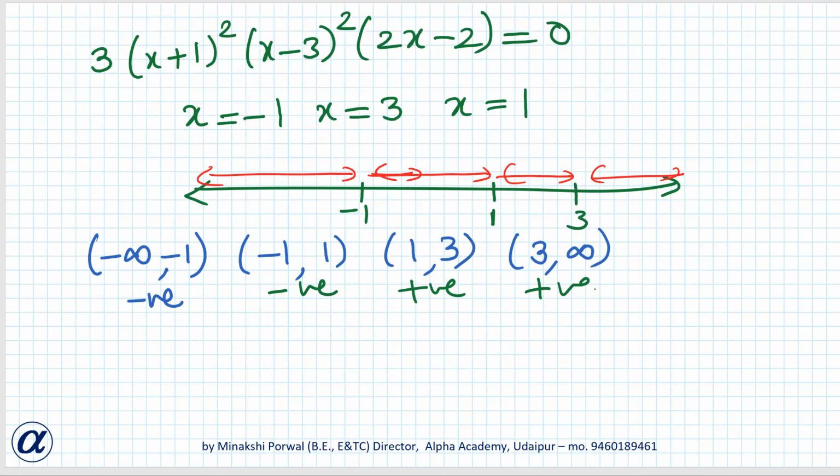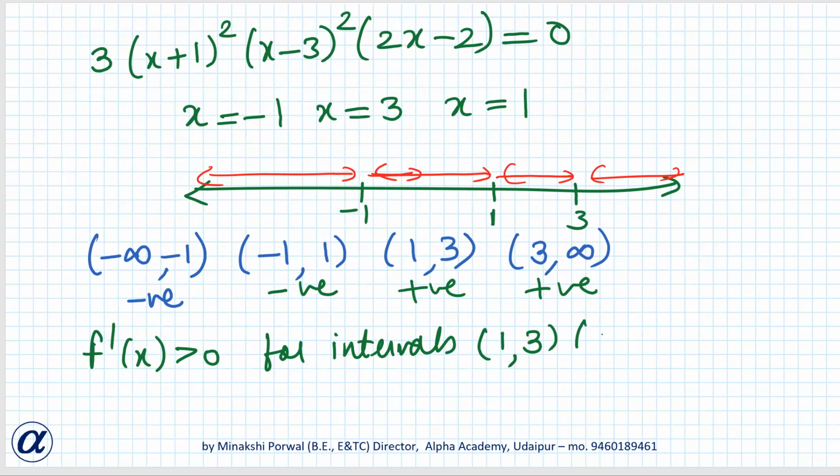Okay. So f dash x is greater than 0 for the intervals 1 to 3 and 3 to infinity. So the function is strictly increasing in these intervals.